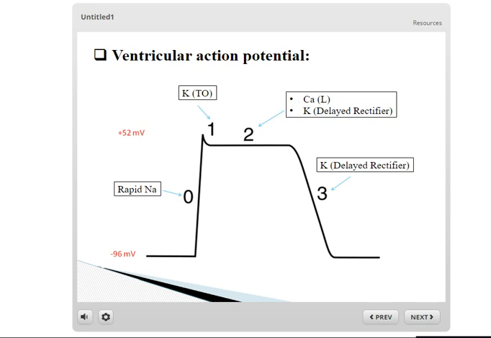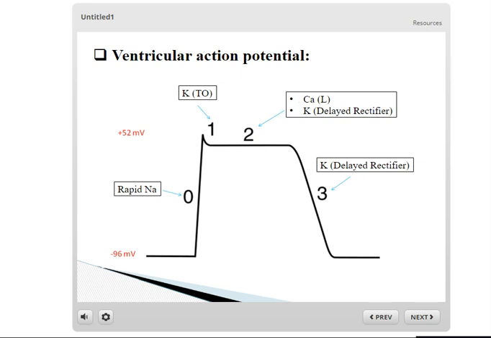And the repolarization. In this phase, the calcium voltage-gated channels close, and the potassium voltage channels are opened completely, allowing the potassium to flow out of the cells.